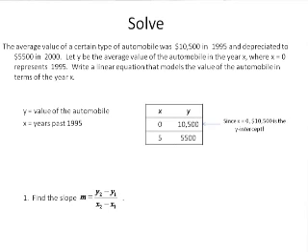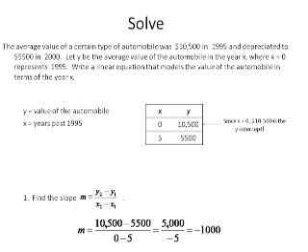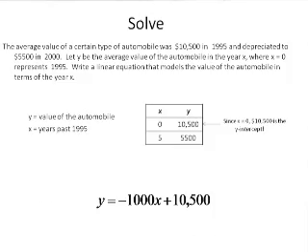Recall the y-intercept always has an x coordinate of 0. We only need to find the slope to write the equation of this line. So, using the formula, we have found the value then of this automobile decreasing in value of $1,000 every year. Last, we put all this information into y equals mx plus b.